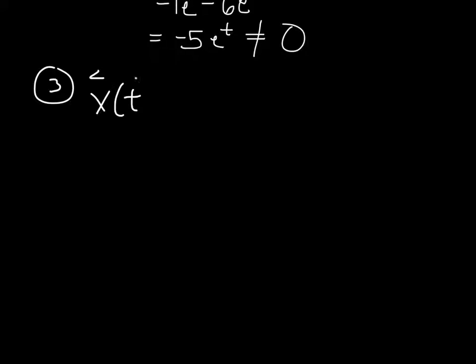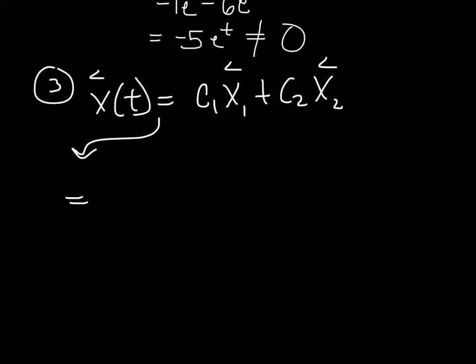So x of t equals c1 x1 bold plus c2 x2 bold. And now we have our x1 and our x2, so we just write that in. So we have c1 times x1, which was given.